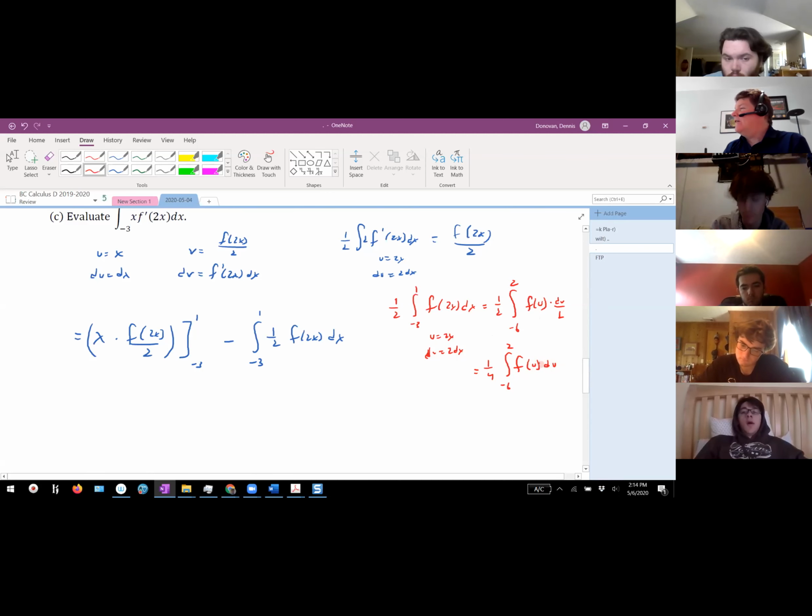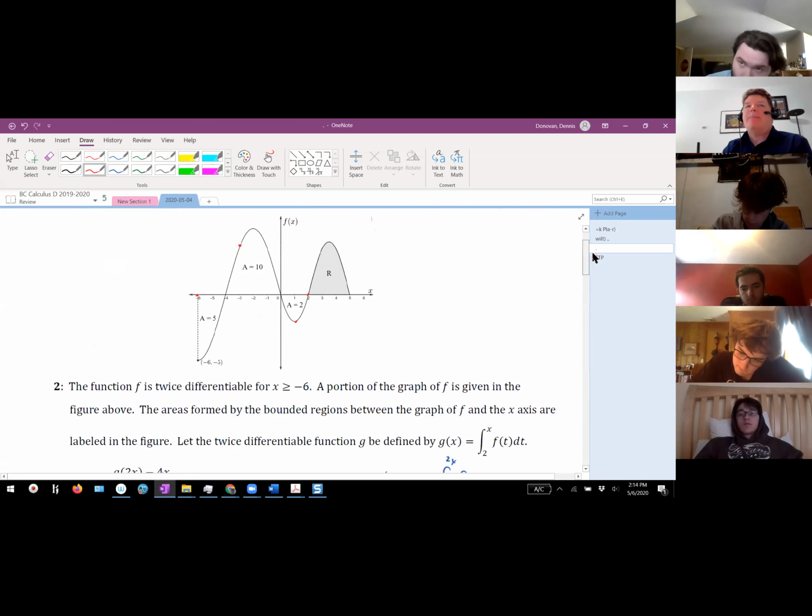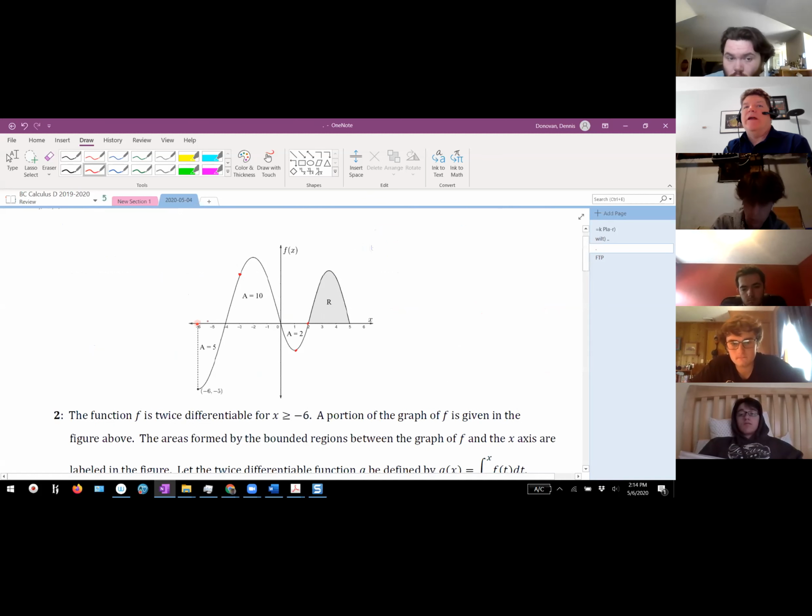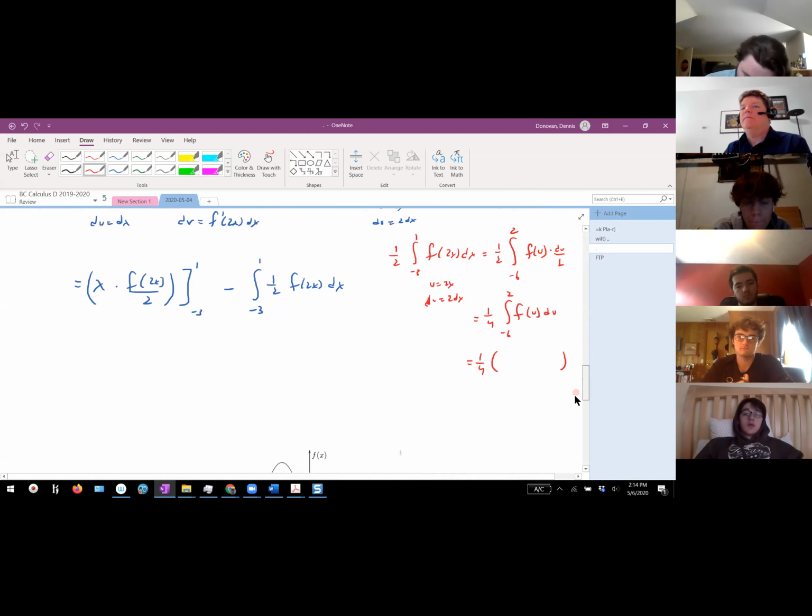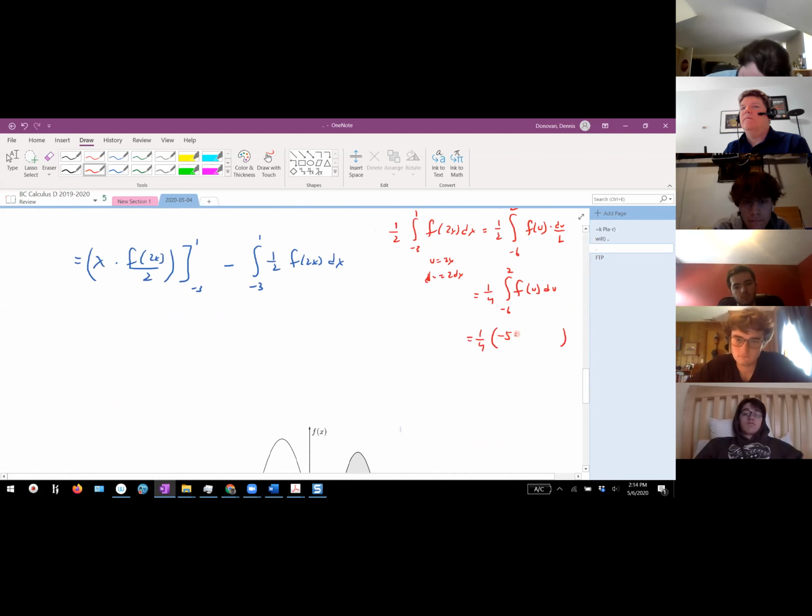So I get 1/4 times the integral from -6 to 2 of f of u. The integral from -6 to 2 is -5 plus 10 minus 2. So I get 3/4.